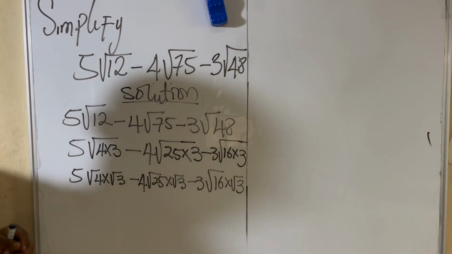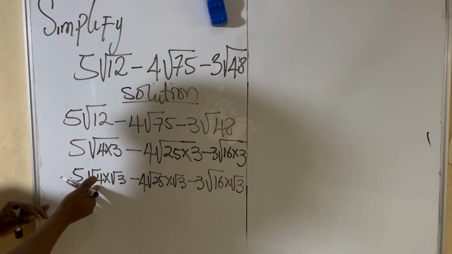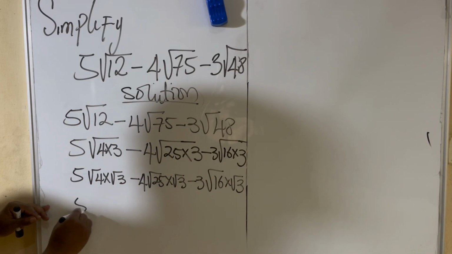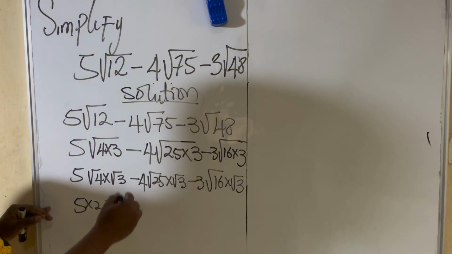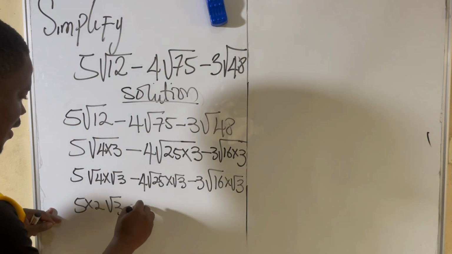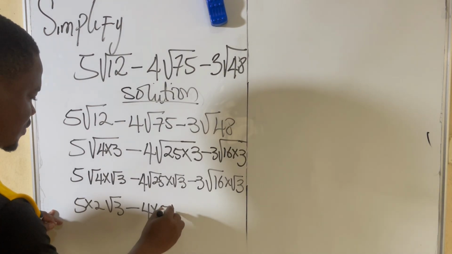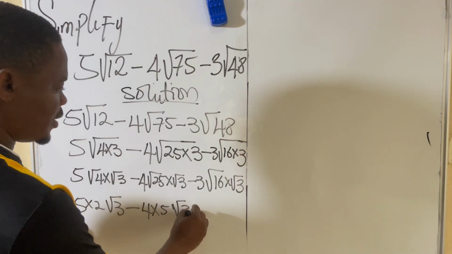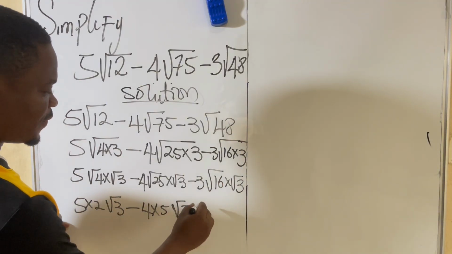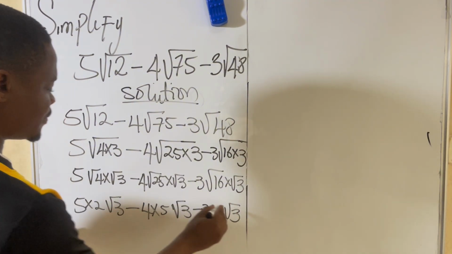We can go further here. So we have the root of 4 is 2. So this is 5 times 2 root 3 minus 4 times root 25, which is 5, root 3, minus 3 times root 16, which is 4, root 3.